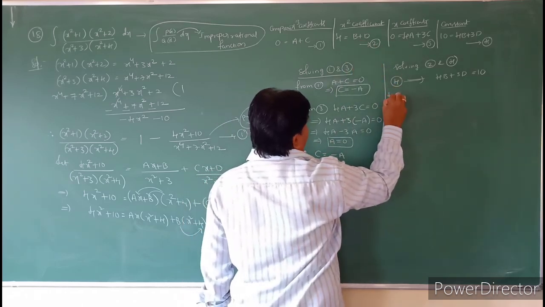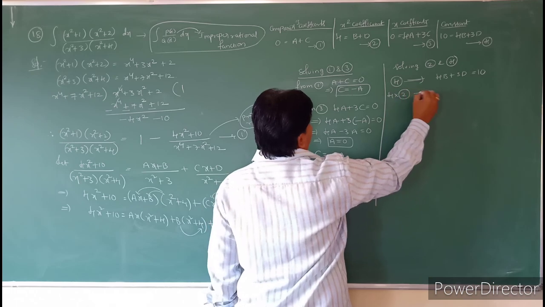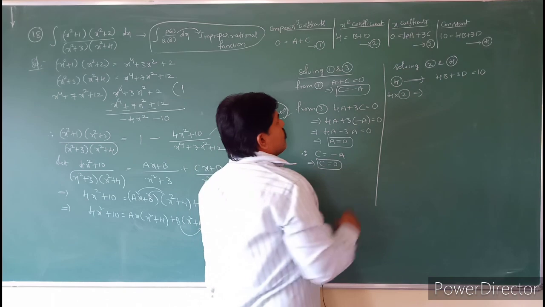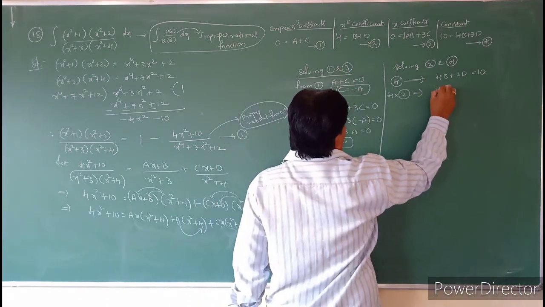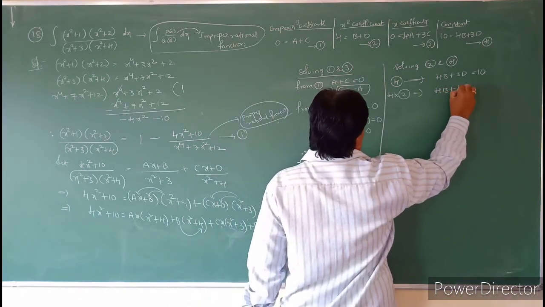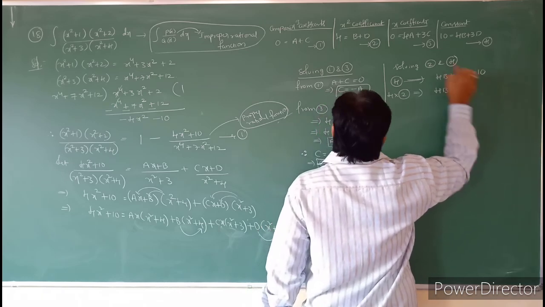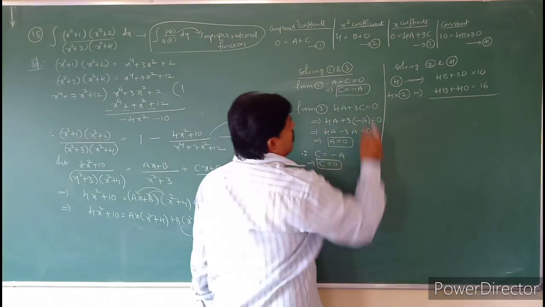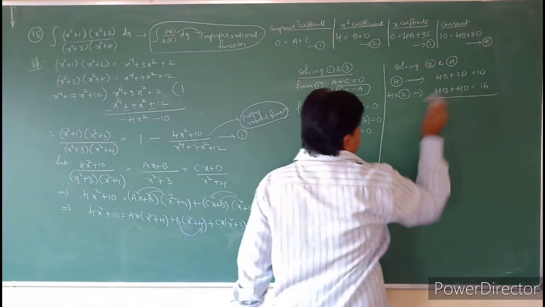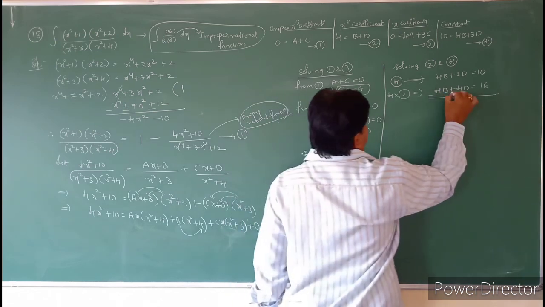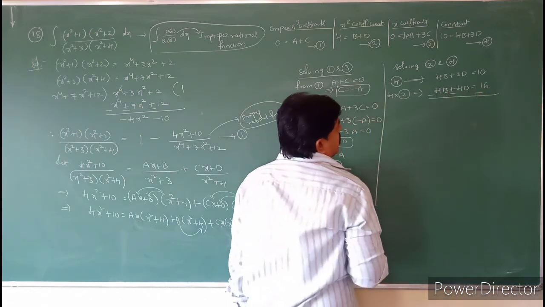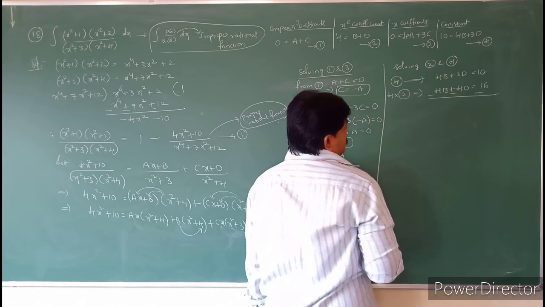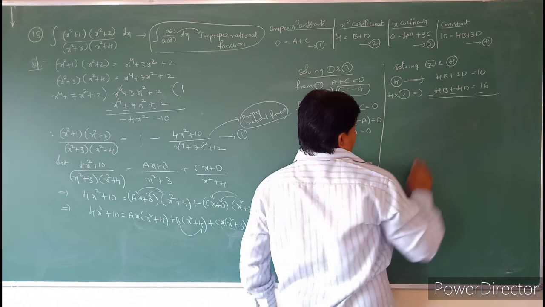So 4 into equation 2 is nothing but 4b plus 4d is equal to 4 into 4, which is 16. So minus, subtract the terms. That is nothing but 2 minus 4. I am doing 2 minus 4.